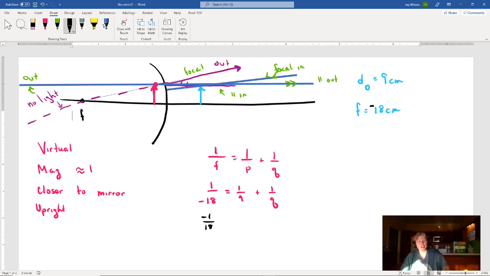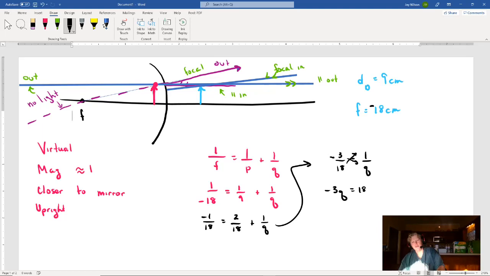Negative 1/18. This is 2/18. This is 1 over Q. So that we get negative 3/18 equals 1 over Q. So negative 3Q equals 18. So Q equals negative 6 centimeters.